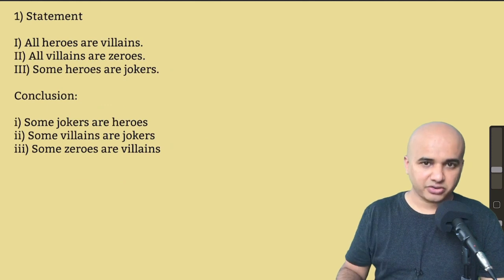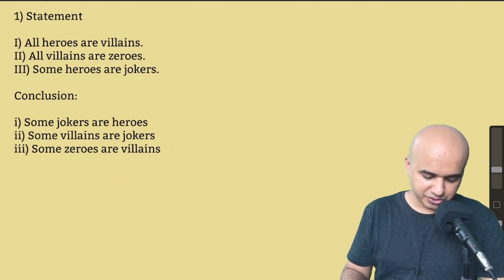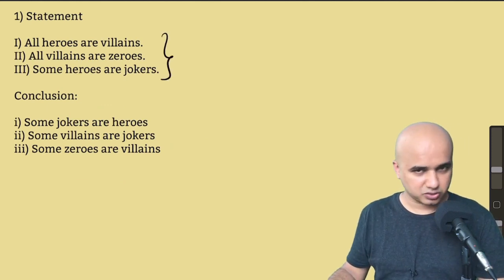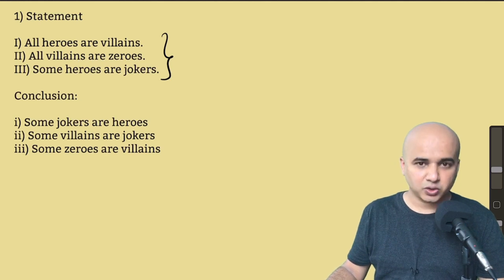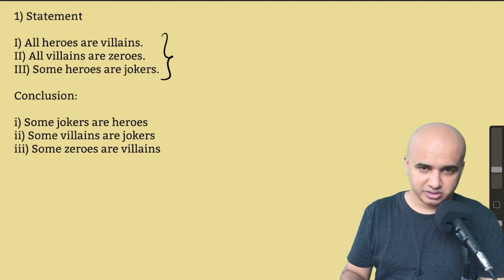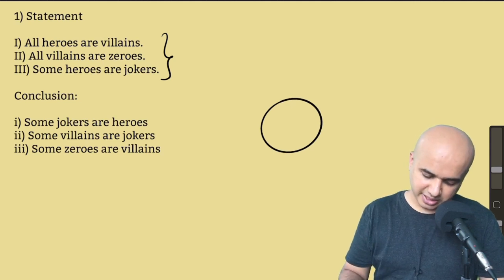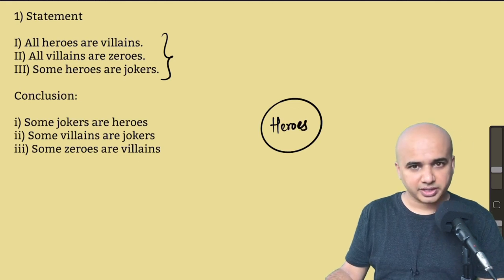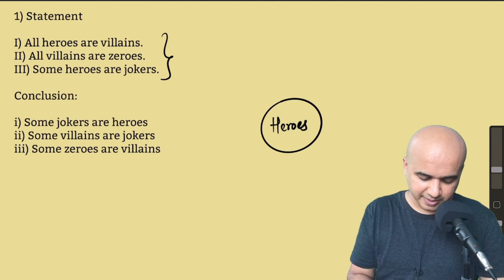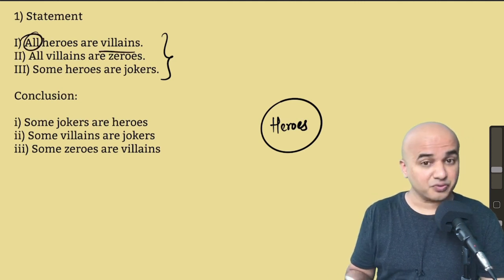So let me try to draw a diagram for the 3 statements given in the question. All heroes are villains. What I will do is I'll start with the circle. So now this is the circle of heroes. In this circle, all the heroes are there, but they say all the heroes are villains.